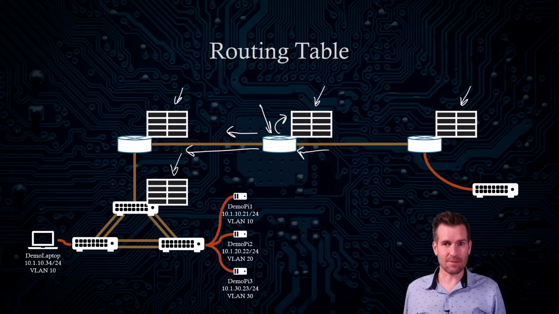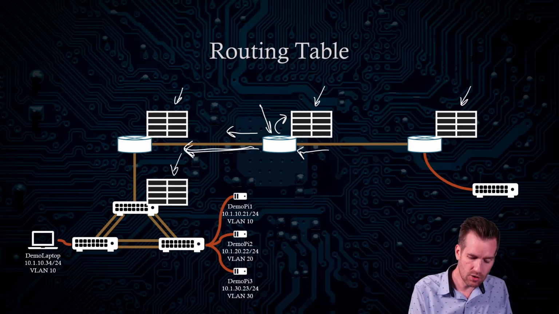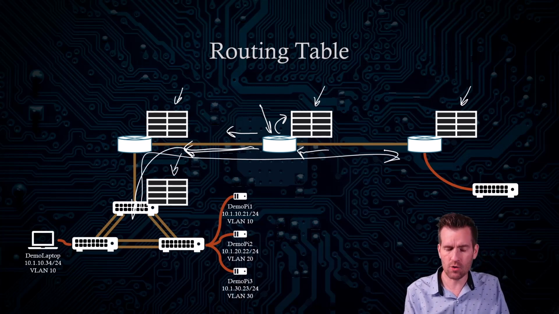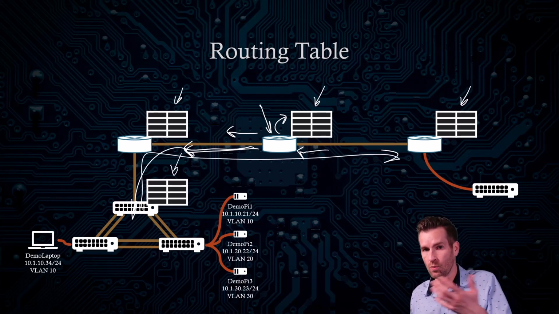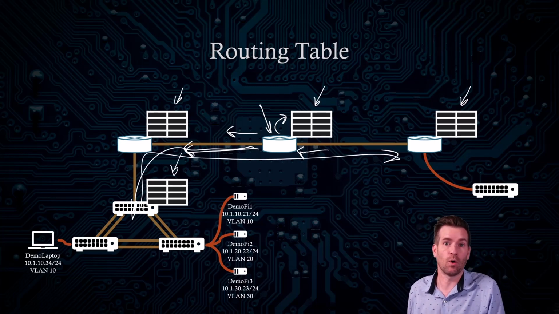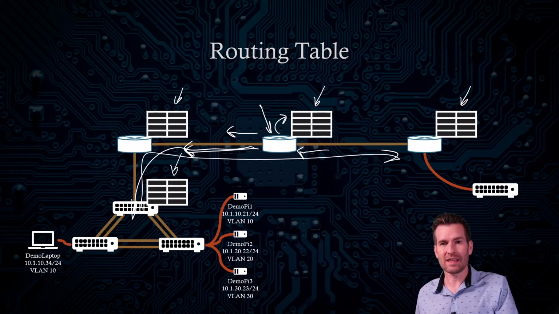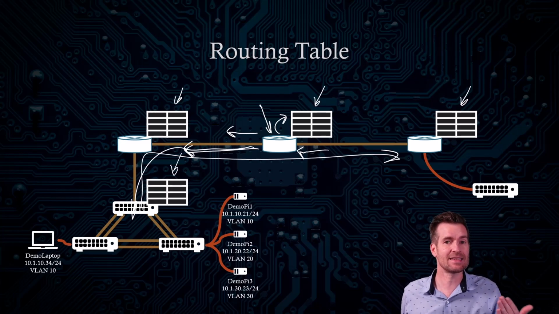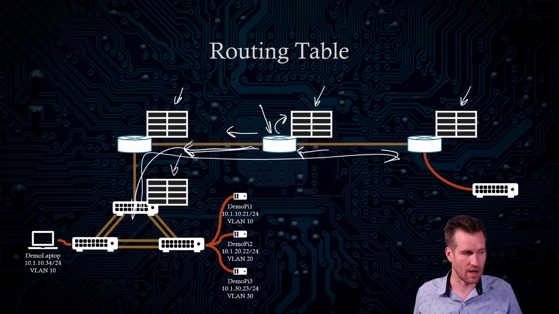And the other thing to keep in mind, and we've experienced that while going through this course, is that just because it knows how to get to a destination network, it doesn't necessarily know how to get back to where that packet came from for a reply. So just because there's communication across this network one way doesn't necessarily mean that there's communication across it the other way.